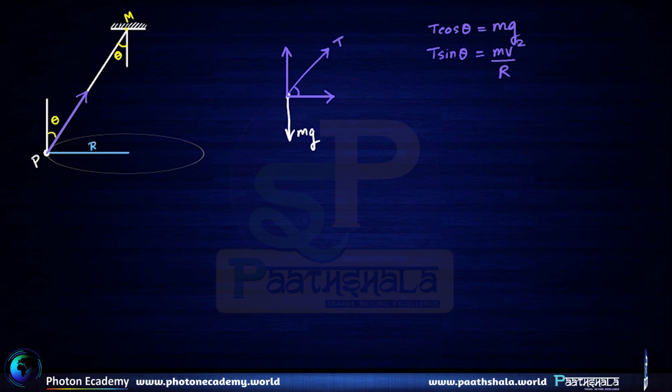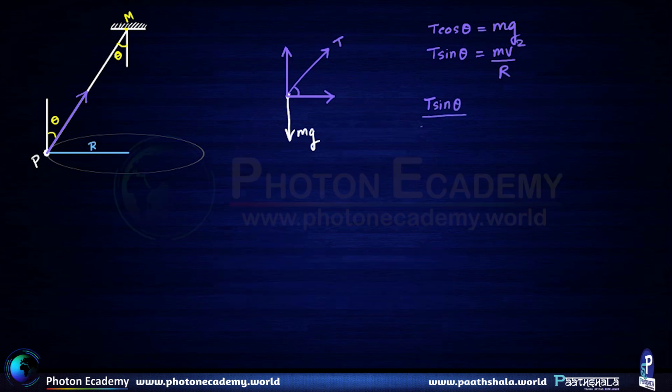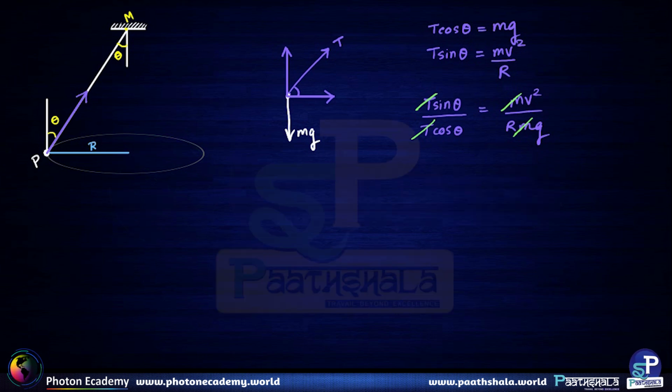Now if we divide these two equations, we get T sin theta upon T cos theta is equal to mv square upon r mg. So after performing the due cancellations of T and mass m, we are left with sin theta over cos theta.